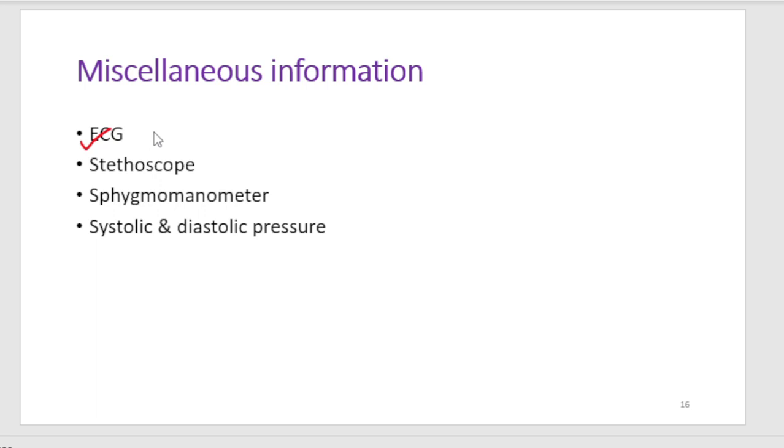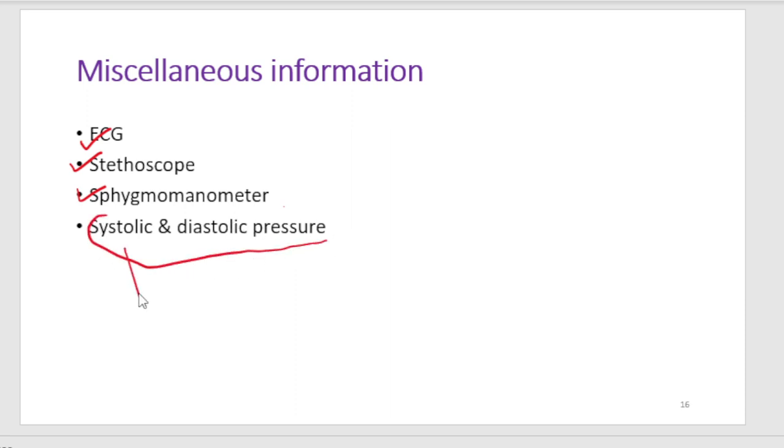Electrocardiograph is a graphical representation of the electrical signals which our heart shows. Then there is a stethoscope. Stethoscope measures the heartbeat of the person. Then another instrument you must have heard of is the sphygmomanometer or BP monitor. With this BP monitor, we must have heard the two terms, systolic and diastolic pressure.